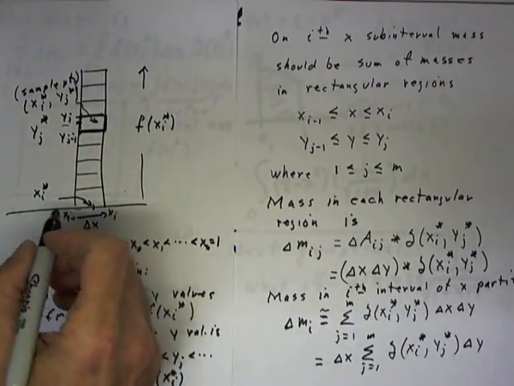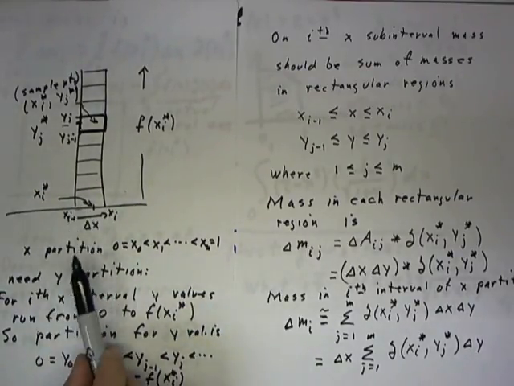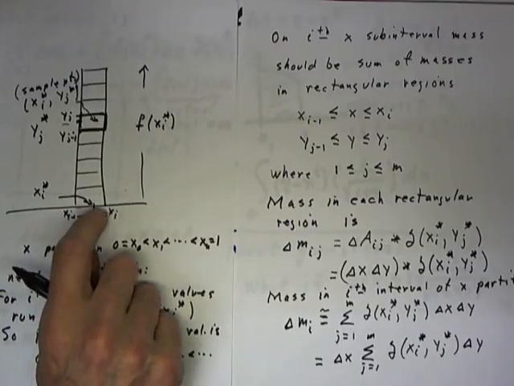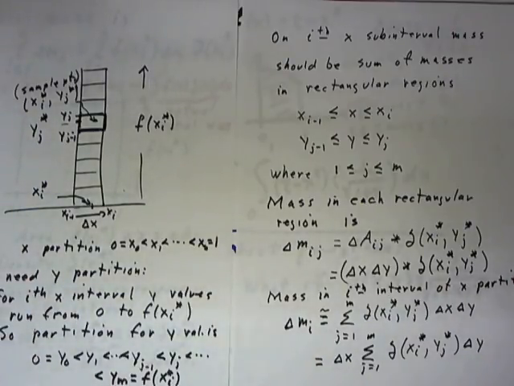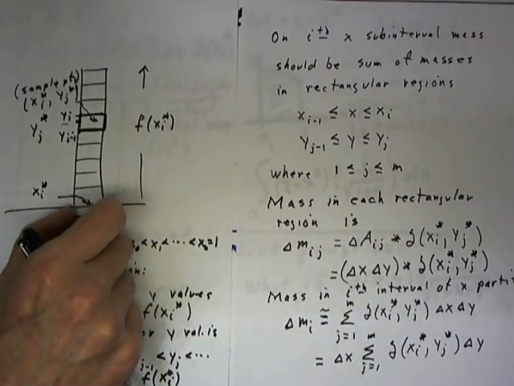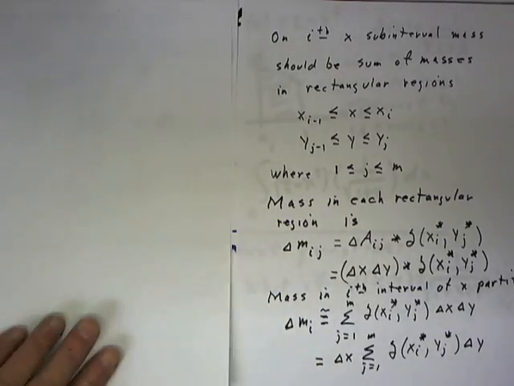Assuming that our x sub i star gives us a point at which we can accurately sample our density with respect to the x variable, we can proceed to let our y intervals approach 0. And we'll then get something resembling an accurate approximation to the mass within our x subinterval, rather than mass corresponding to our x subinterval.